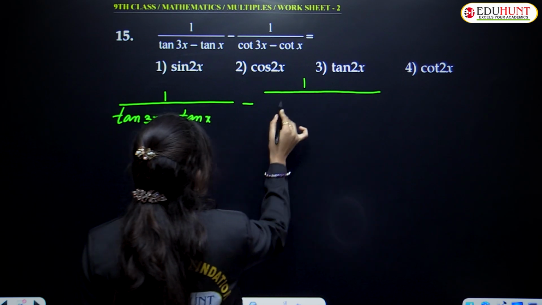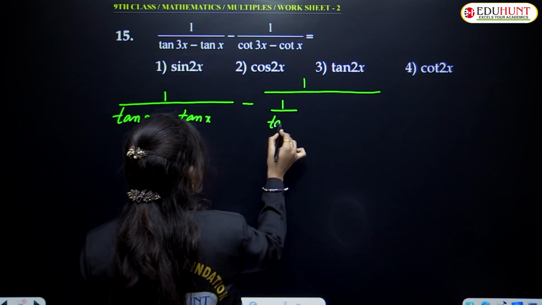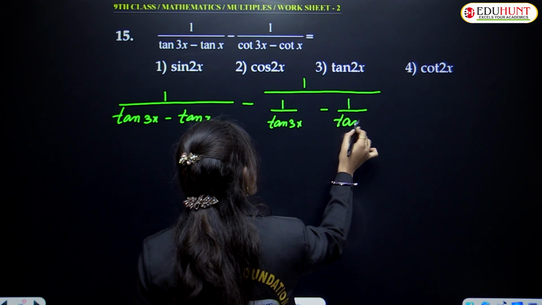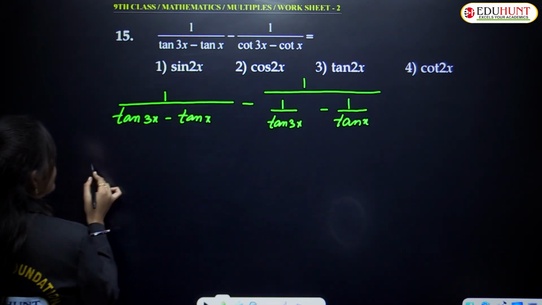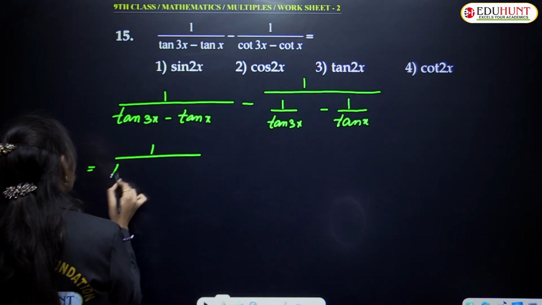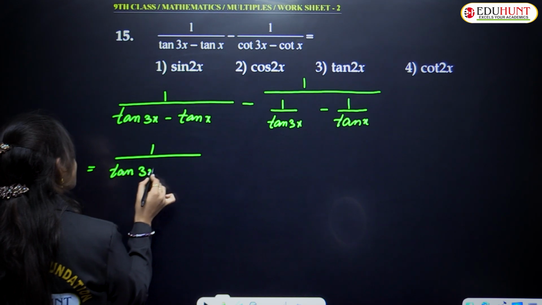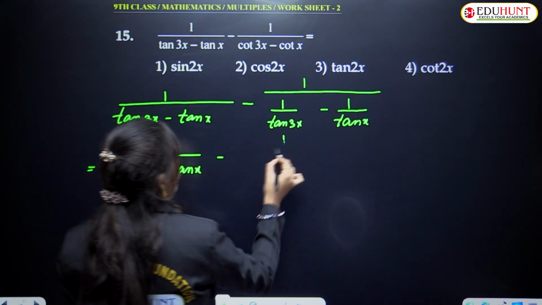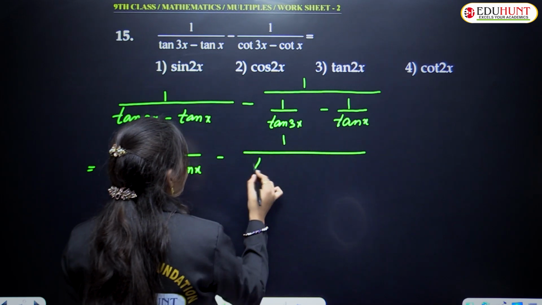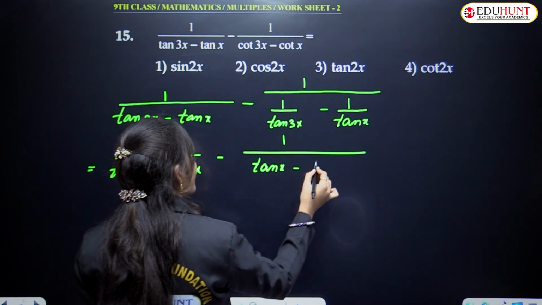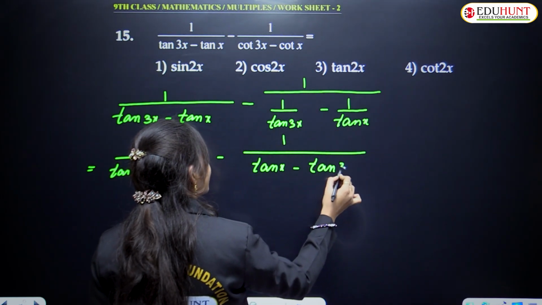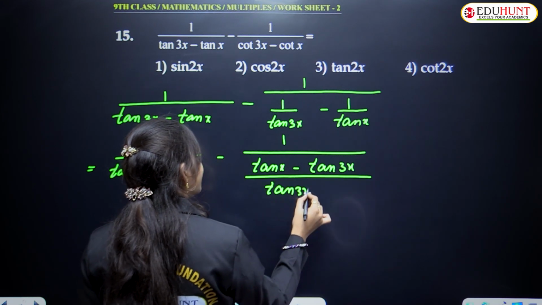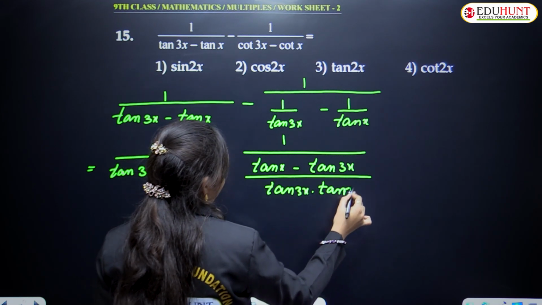So 1 by tan 3x minus 1 by tan x. Okay, so simplify that. 1 by tan 3x minus tan x, minus 1 by tan x minus tan 3x, whole by tan 3x into tan x.